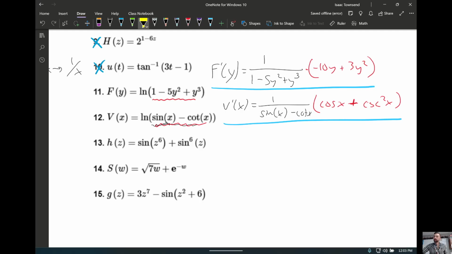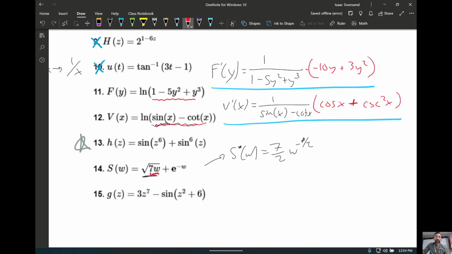Okay, number 13 is probably my... Actually, let's come back and do 13 last. I like 13 a lot because it shows you that where you put this 6 exponent makes a big difference. Okay, but for number 14, we got to do 2 terms here, so 2 different derivatives. So this guy, we could bring the power down and lower the power by 1.